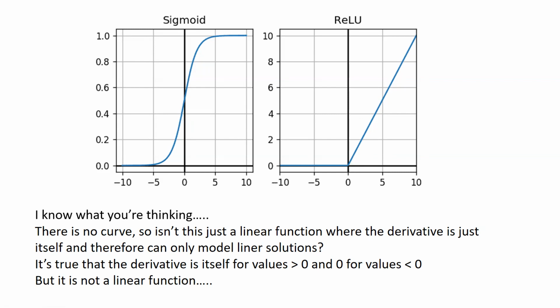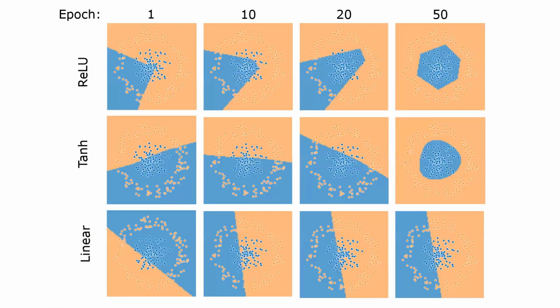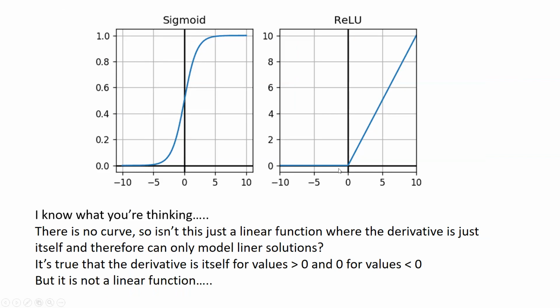Yes, I think we need to explain why ReLU is a nonlinear function, because I can see exactly what you're thinking. You're telling me that we can't even take a derivative, it's just itself. Surely we're back at this linear activation function problem. But actually, because of this kink, and this angle can change, by the way, you can have things like leaky ReLUs, which have this kink going into minus numbers, or you can have positive numbers.